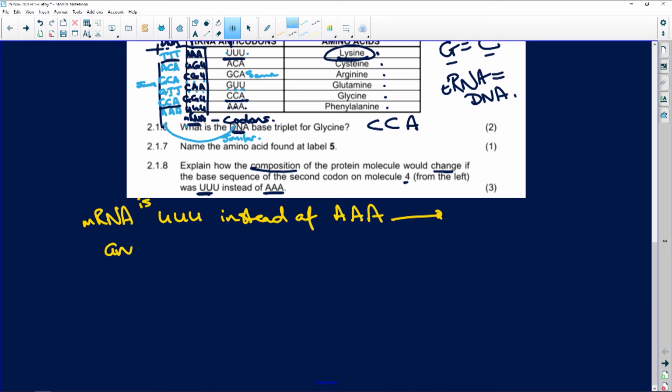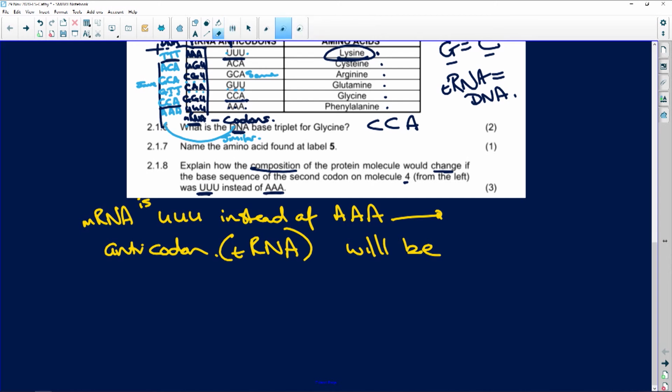Your anticodon, remember your anticodon on your tRNA, will be AAA. So UUU, your transfer RNA is going to be AAA. So what happens then?